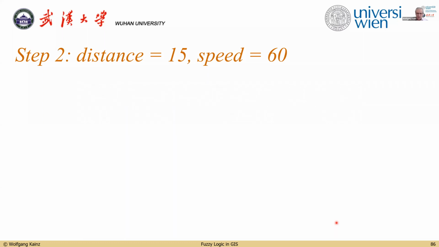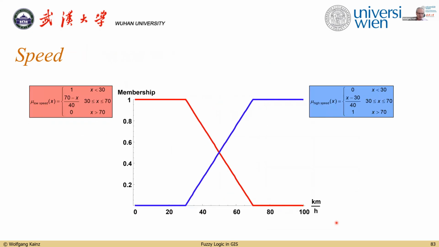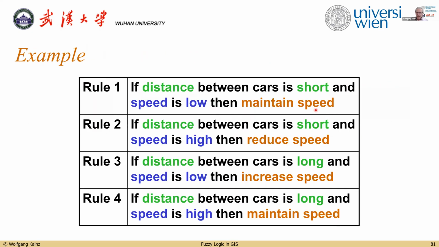Now, step number 2 says, take these minima for every rule and cut the corresponding conclusion membership function at this minimum. So this is our rule number 1 conclusion. The conclusion of rule number 1, let's say, is maintain speed.